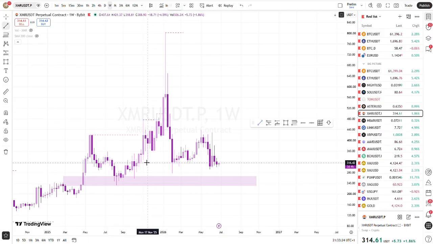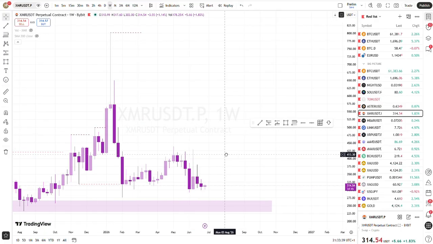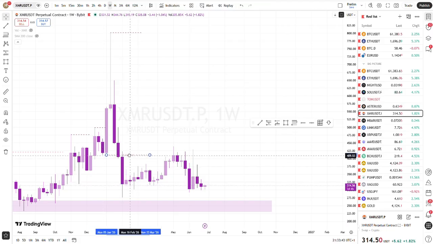So if you take this, from here we now see on the weekly a movement towards the downside, a reversal move, right? As a matter of fact, this move started from here. This is where the move started from.